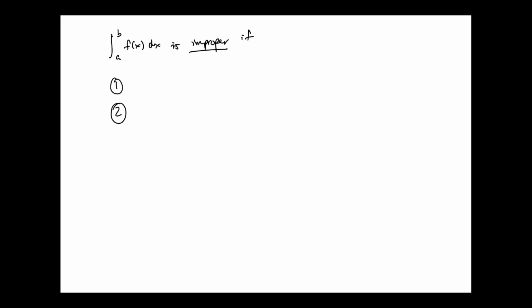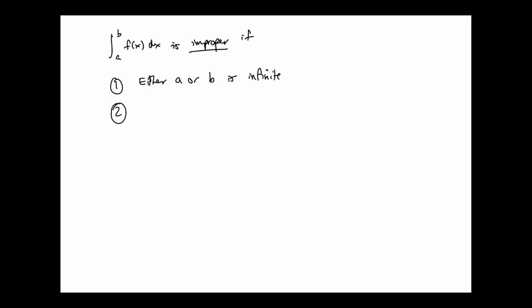Jack, what's one of them? Okay, so either a or b is infinite, possibly both. So that's one way that an integral can be improper.